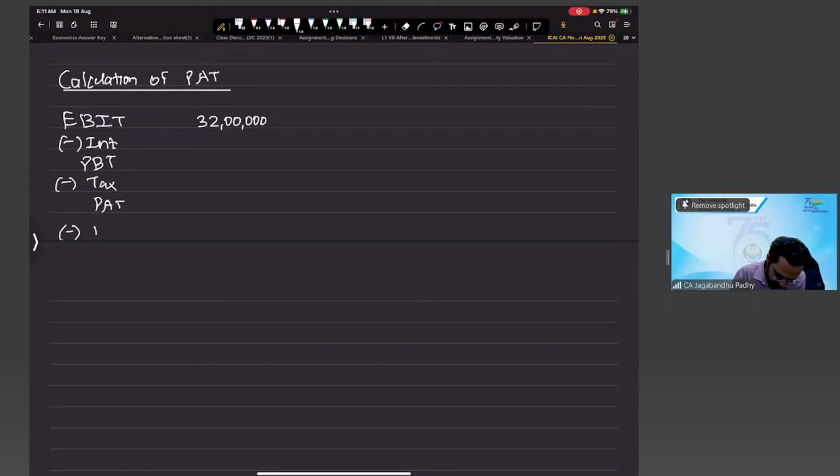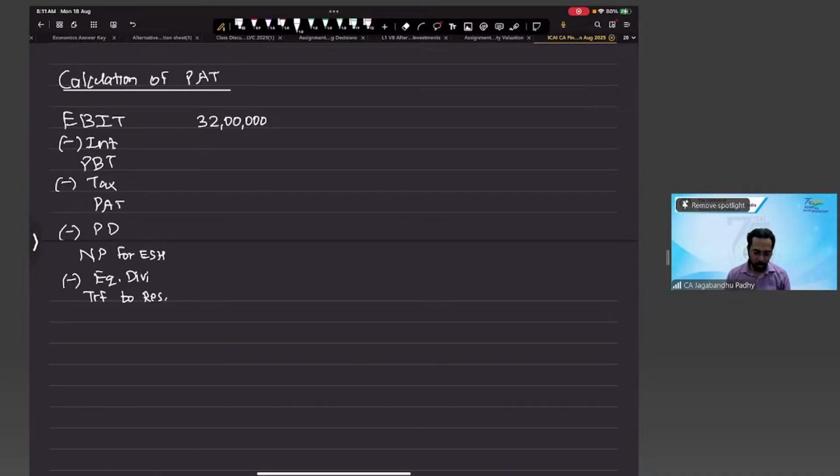Then we subtract the preference dividend, so we get net profit for equity shareholders. Less equity dividend, which gives us the amount transferred to reserves.